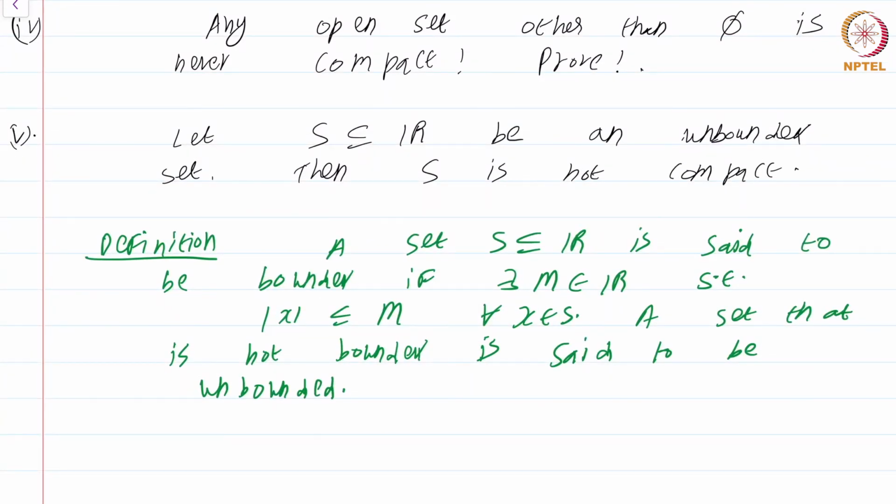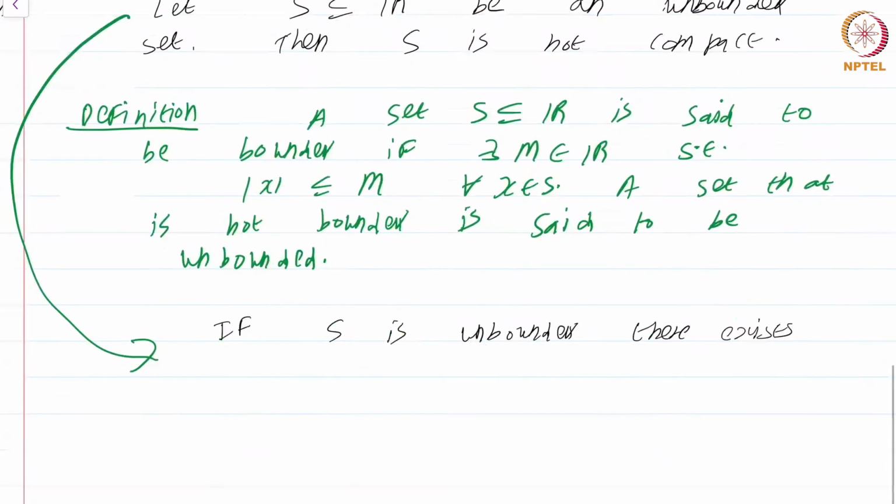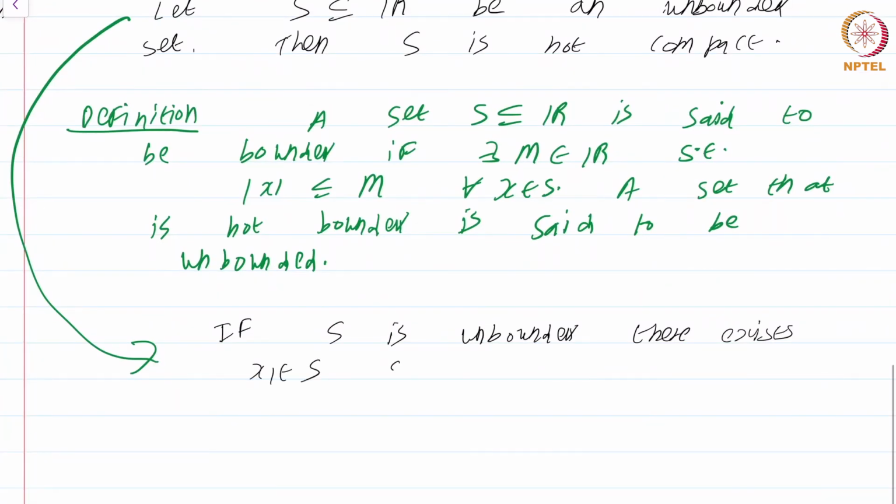Okay, now why is an unbounded set not compact? Well, if S is unbounded, there exists x1 in S such that mod x1 is greater than or equal to 1, right? Because 1 is not a bound, there must be some element in that set whose modulus is greater than 1.